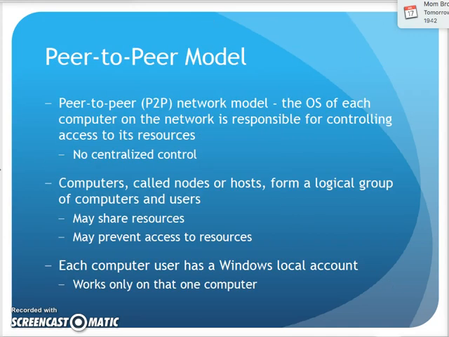All right, so if we look now at our two models, peer-to-peer and client-server, let's go back and look at peer-to-peer a little bit now that we have our operating system sorted out. In the peer-to-peer network model, each OS on the computer is responsible for controlling access. So if I pick my church office, you have 2 or 3 computers running Windows 10, Windows 8.